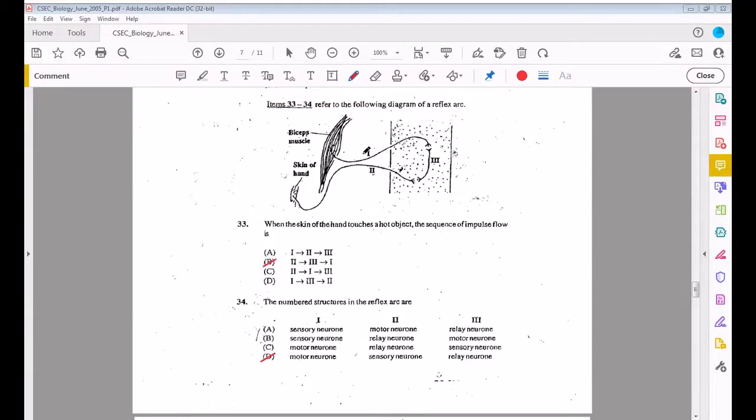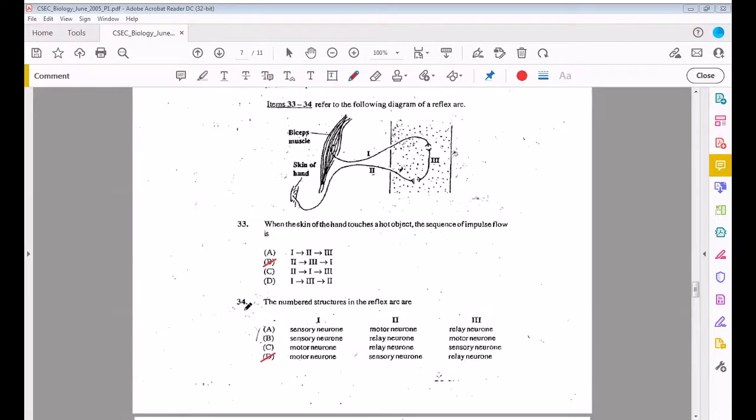You have to look at what is on each end. Because if you see 1, 2, 3, you might just say, okay, 1, 2, 3, because they will label it in order. No, they don't ever, or most of the times, it is not going to be labeled in order. So you have to make sure that you know which end is your receiving end and which end is the end that is going to react, which is your effector.